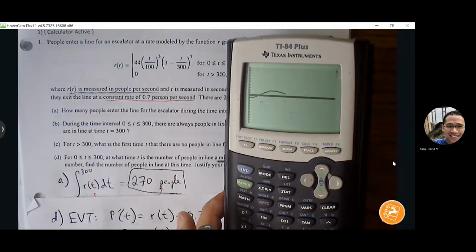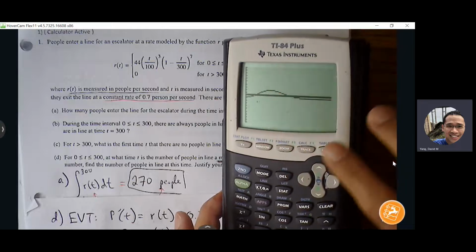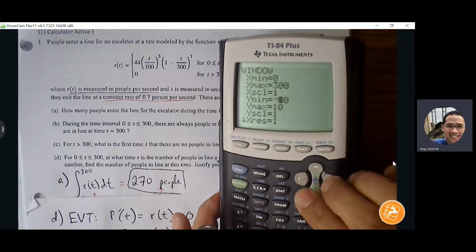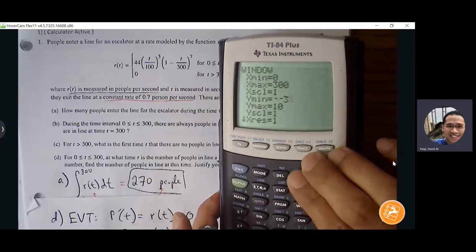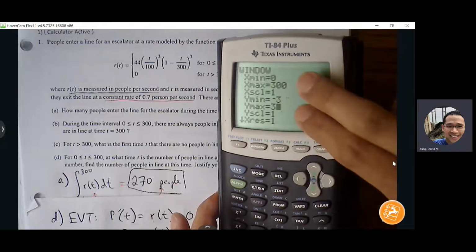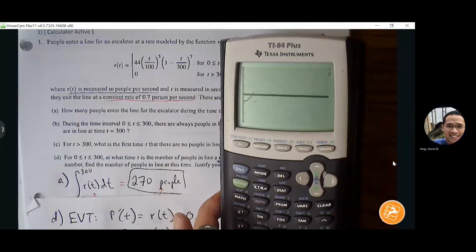Okay, so I see two x-intercepts. I have all this empty space here. Maybe I can adjust my y min, y max, maybe from -3 to 3 instead. Again, you can always make your adjustments, but you're really only playing with these 4 numbers whenever you adjust your window. That's all you need.